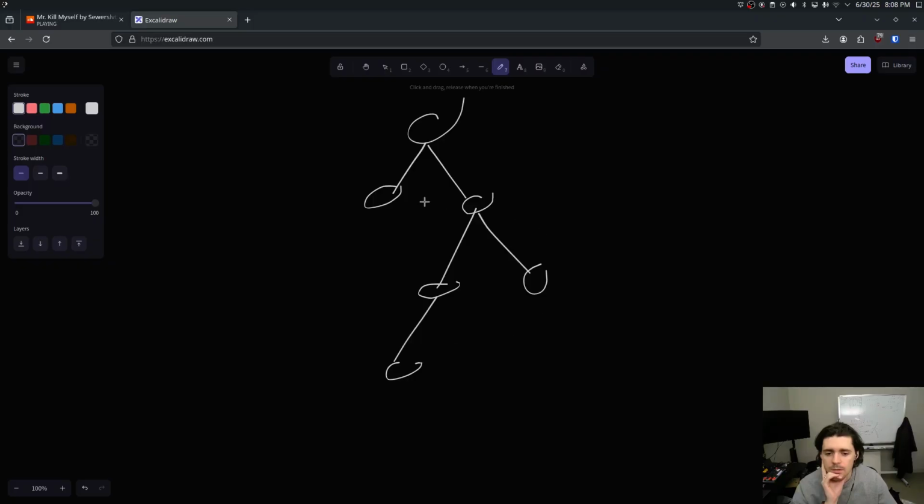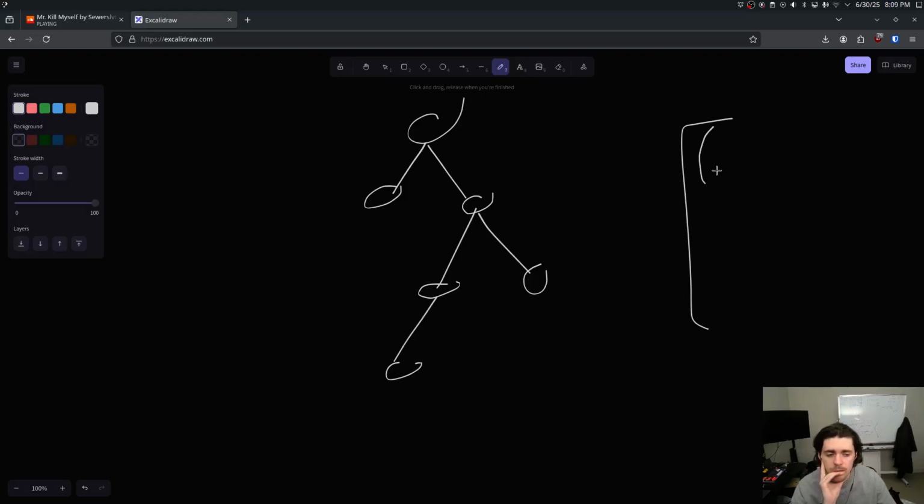And we can do DFS here, where essentially we need to get all subtrees.